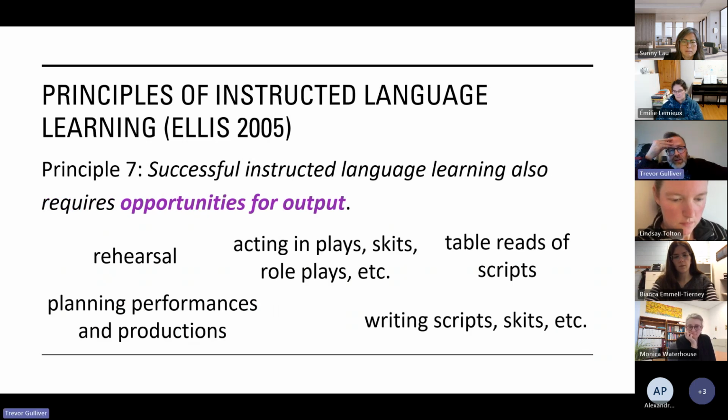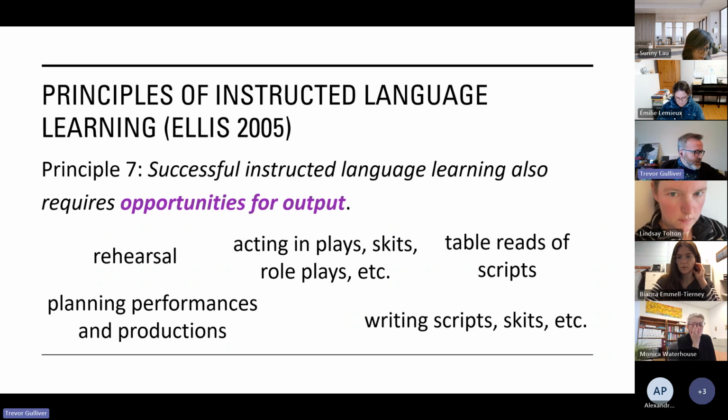And Ellis says that successful instructed language learning also requires opportunities for output. Many of the same activities again: rehearsing, acting in plays, table reads, writing scripts, planning performances and productions.